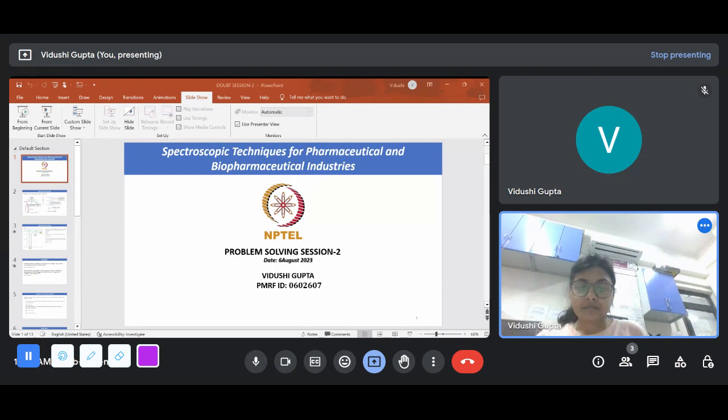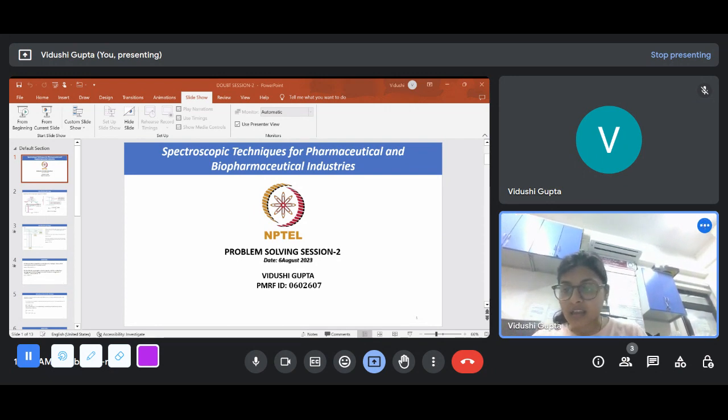Similarly, the last series is the Pfund series. Here, the transition is from the higher orbit to the fifth orbit, that is to n equals 5, and it is also obtained in the far IR region.